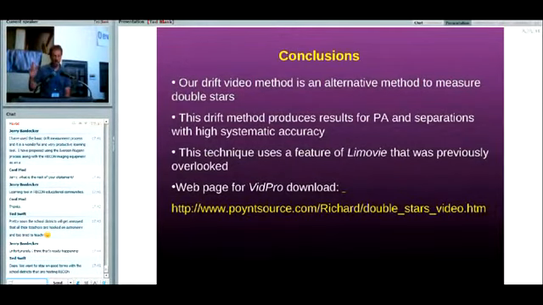Yeah, that's true. Anyway, we've been using this technique for 5 years. We've polished it off. We both learned how to use Limovie with all kinds of iterations and modifications. We use the anchor function all the time. I've done doubles that are really faint where the secondary is always disappearing, so I've got to use the anchor function. It pops back in just at the right spot. Yeah, the anchor function lets it jump around within certain limitations.